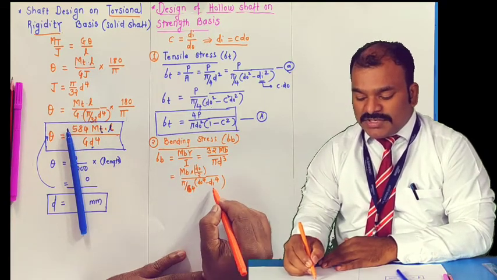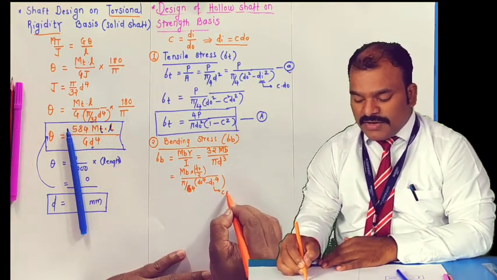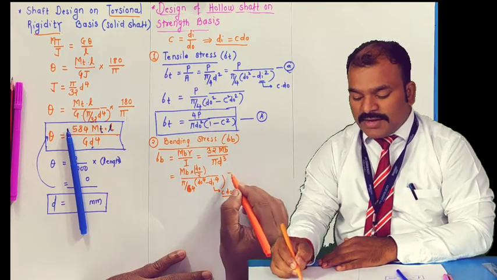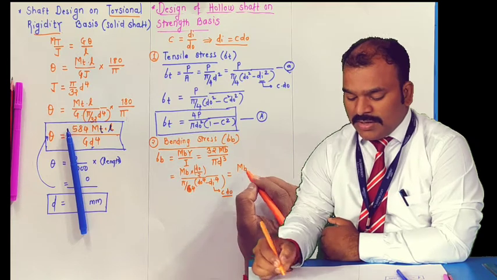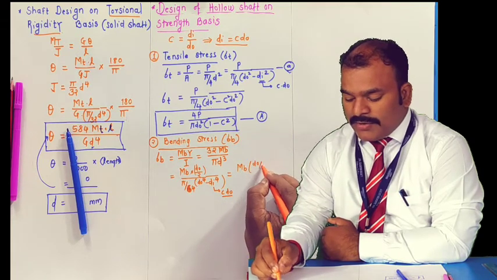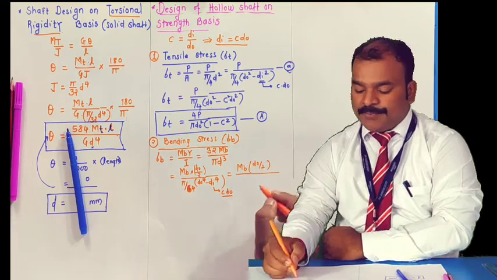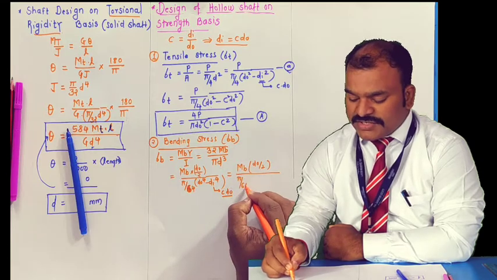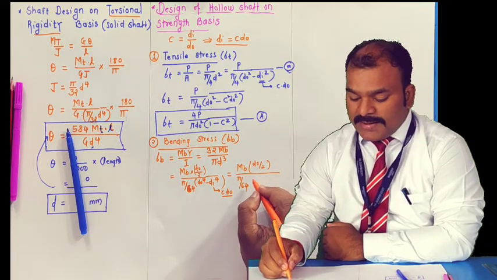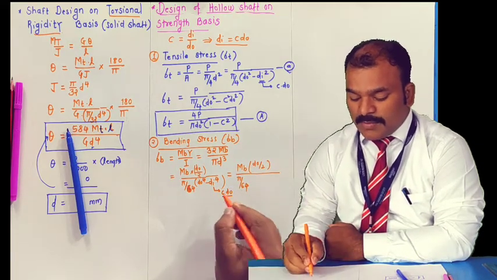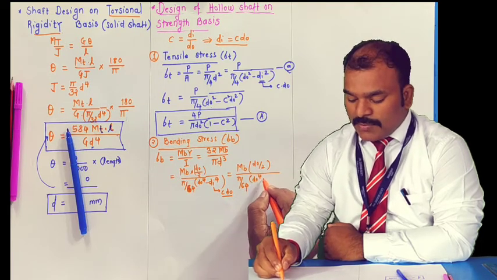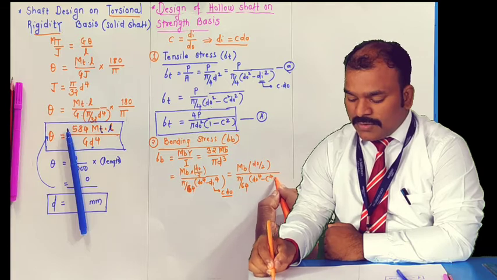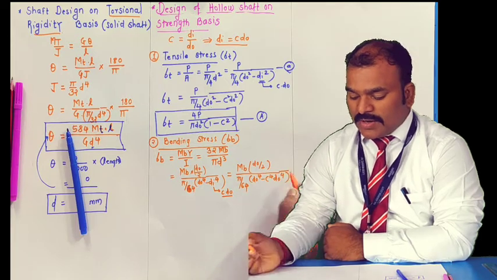Again I will have to convert. I know di is nothing but C into do, so I put that into this equation. I get Mb do by 2 divided by pi by 64 into do raised to 4 minus C raised to 4 do raised to 4, with the bracket complete.